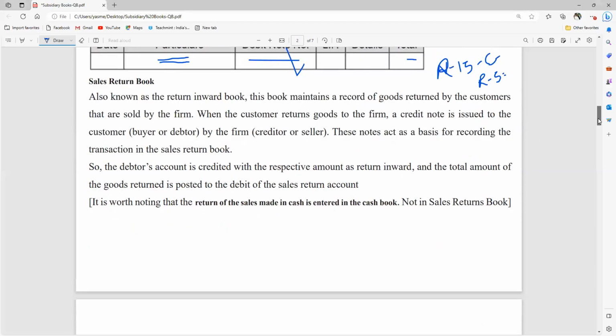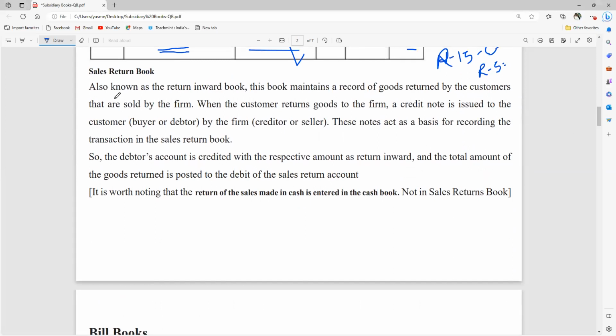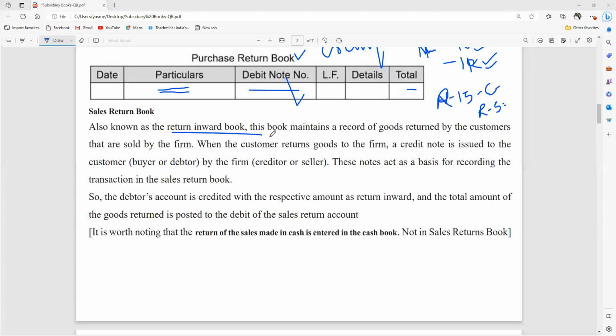Now, the sales return book. The sales return book is also known as the return inward book. We have sold the goods, and because of some reason, the purchaser of the goods is returning those goods back to us. This book maintains a record of goods returned by customers that were sold by the firm.